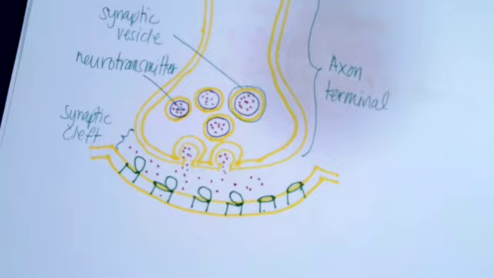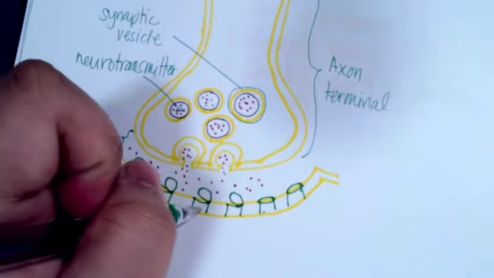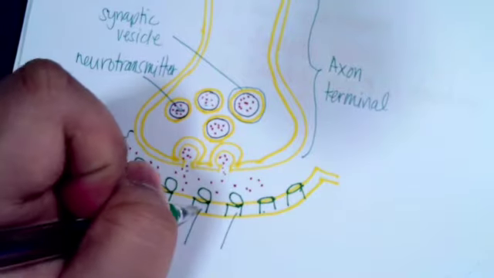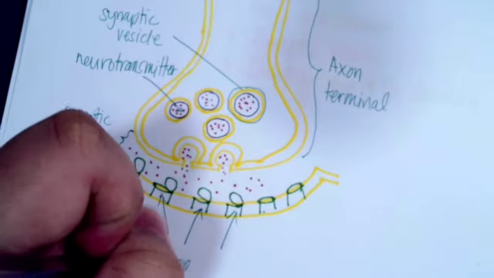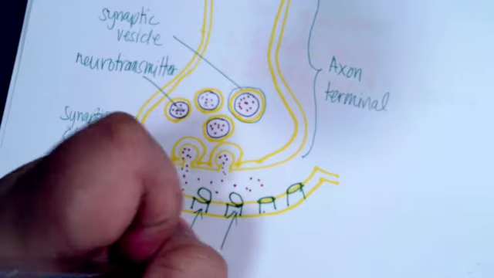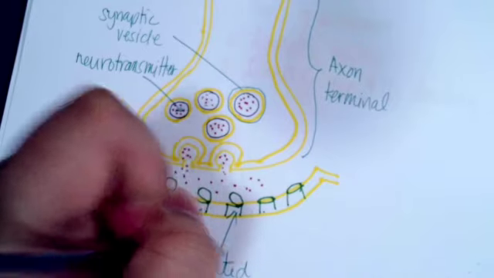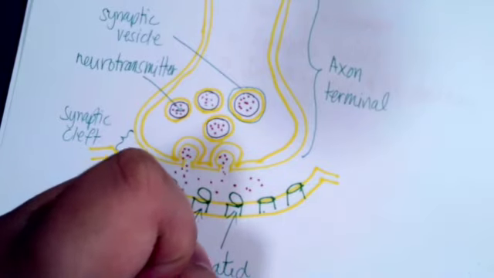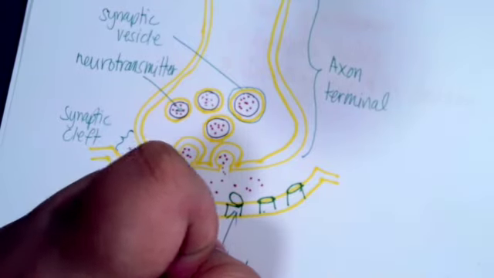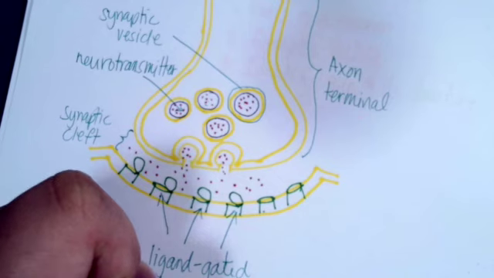It looks like a can, but actually these are called the ligand-gated channel with neurotransmitter.